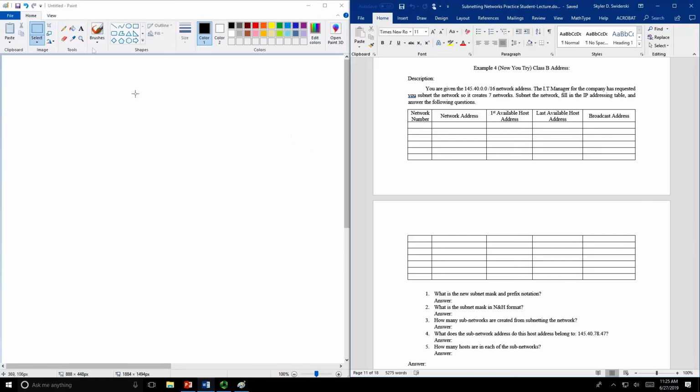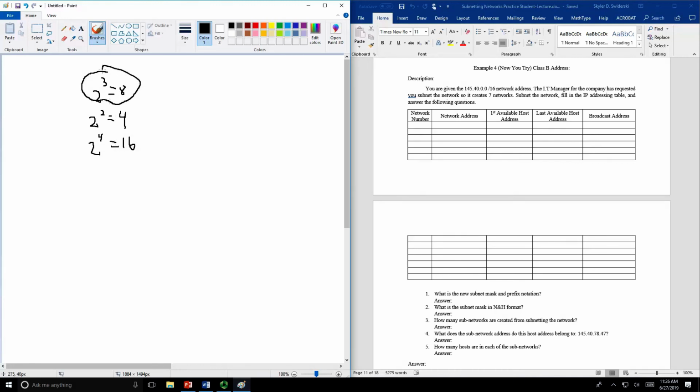Well, if you remember right, a couple examples before, 2 to the 3 gives us 8. That's the closest, but just to show you, if we did only 2 to the 2, that would only give us 4. And if we did 2 to the 4, that would give us 16. So 2 to the 3 is the closest one.